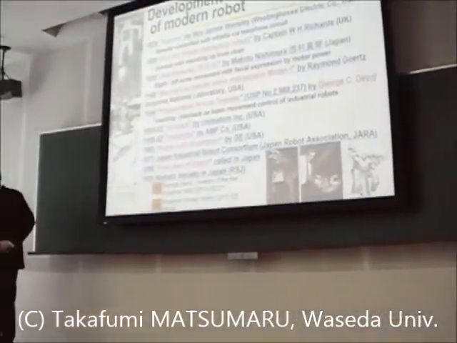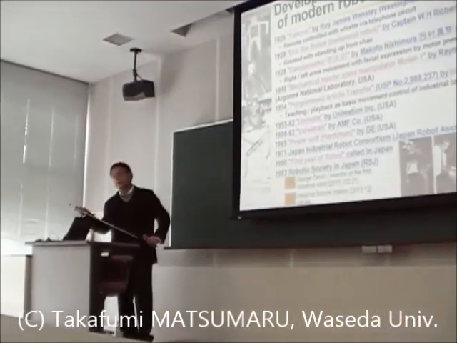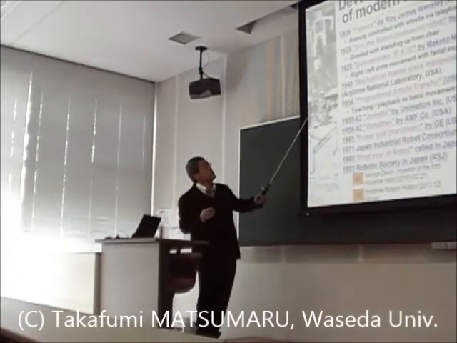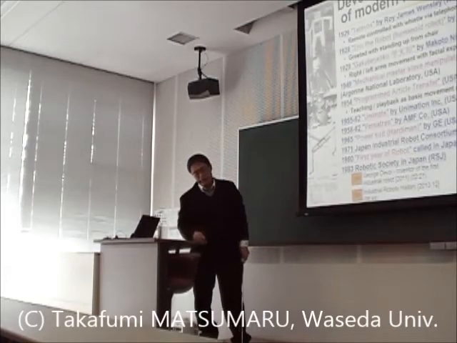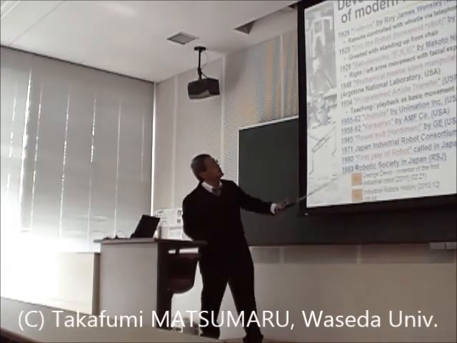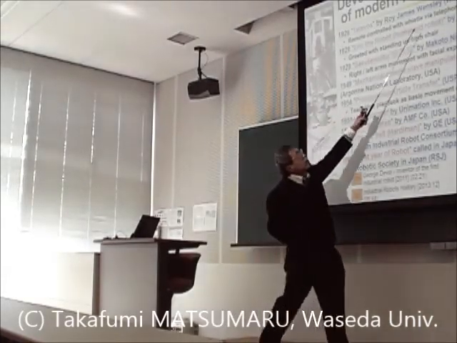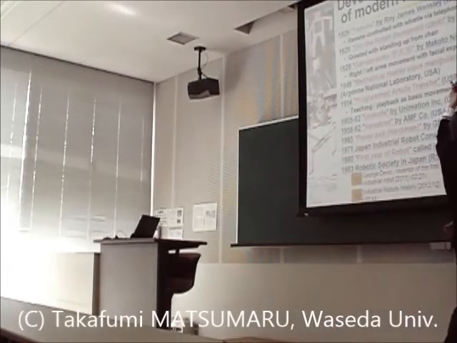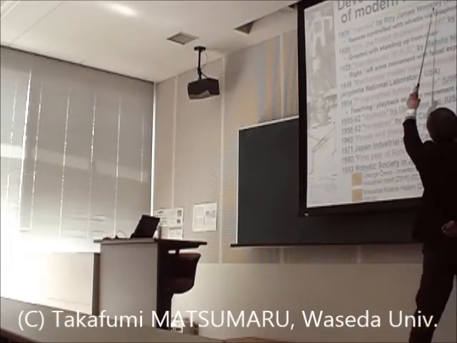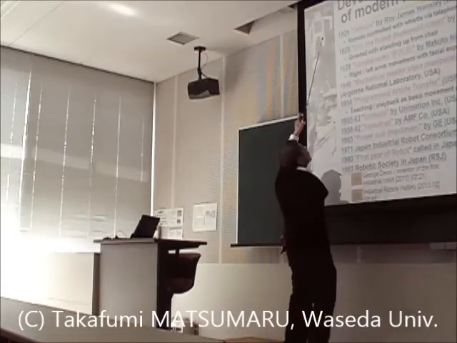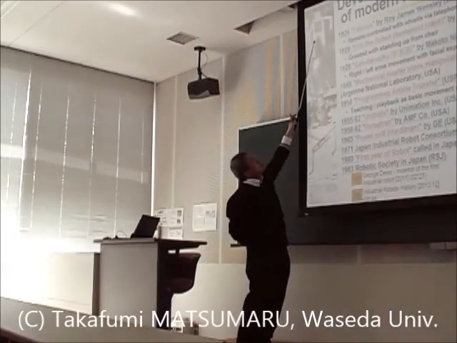This is a short, brief story about the modern robot. One, in 1926, Westinghouse, presently very famous Westinghouse Electric Corporation, Lovejoy Wensley developed this remote controlled robot.